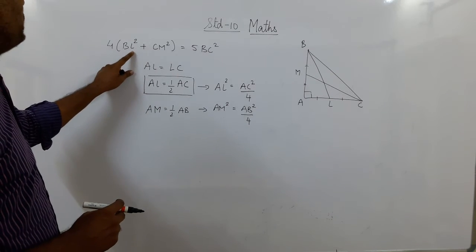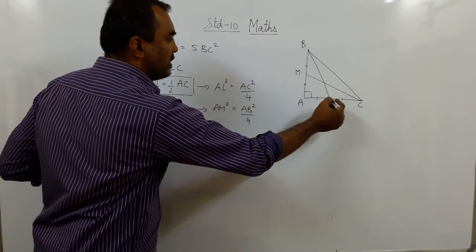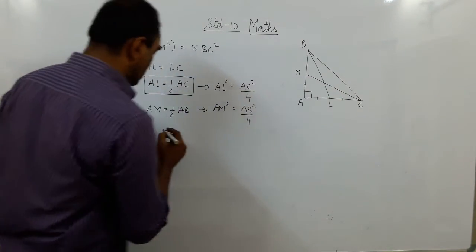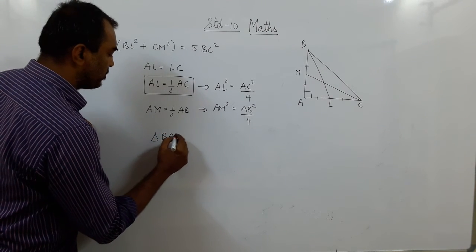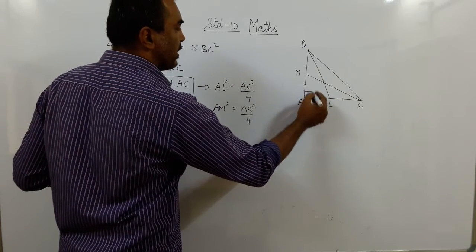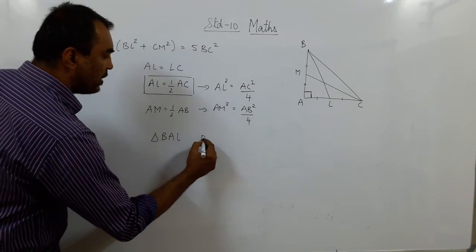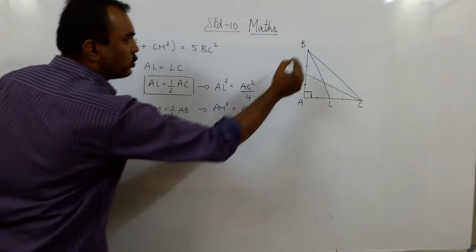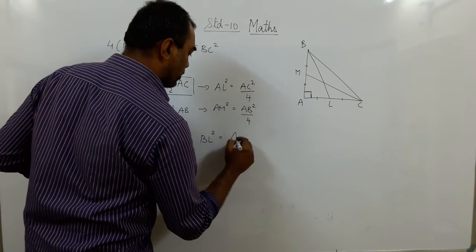So look at this BL square. Now BL square, look at BL. BL is a hypotenuse. In which triangle? So I take triangle BAL. Look clearly. In triangle BAL, A is a right angle, so BL square equals the hypotenuse is AB square plus AL square.